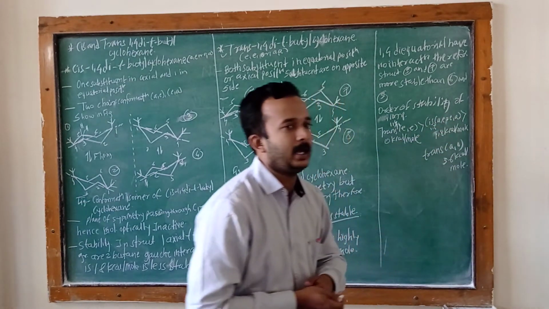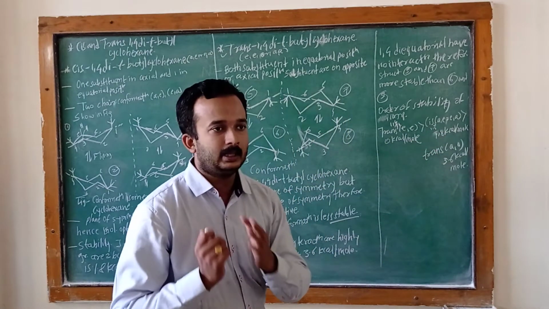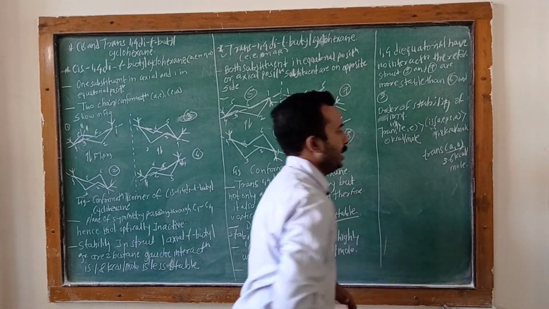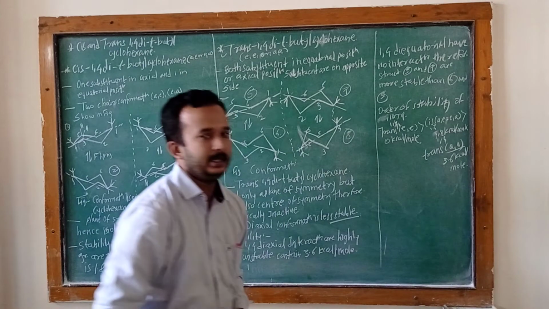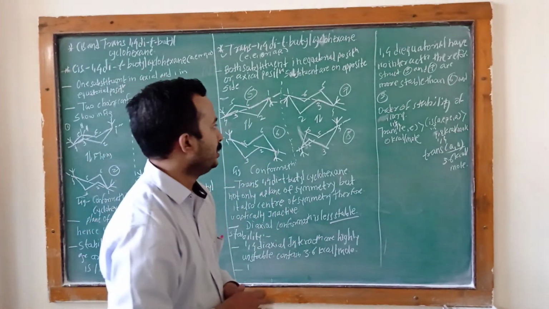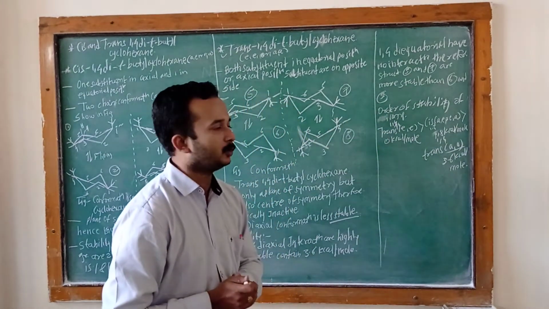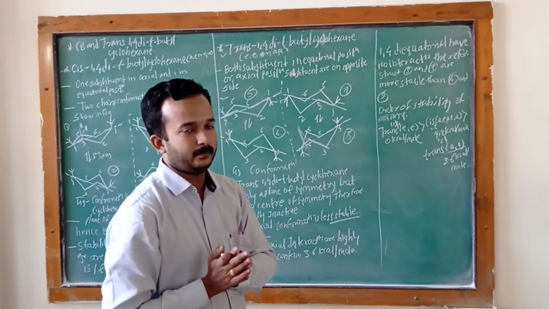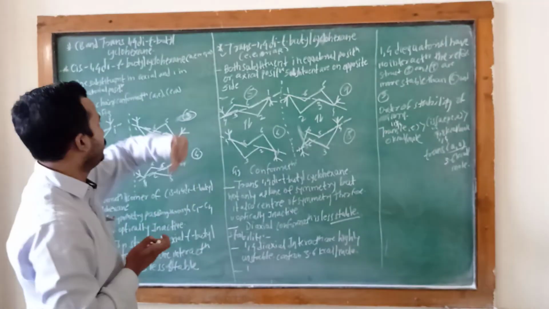It is more stable than the cis 1,4 axial equatorial or equatorial axial. It is less stable than the trans, and the trans 1,4 axial contains about 3.6 kilocalories per mole.